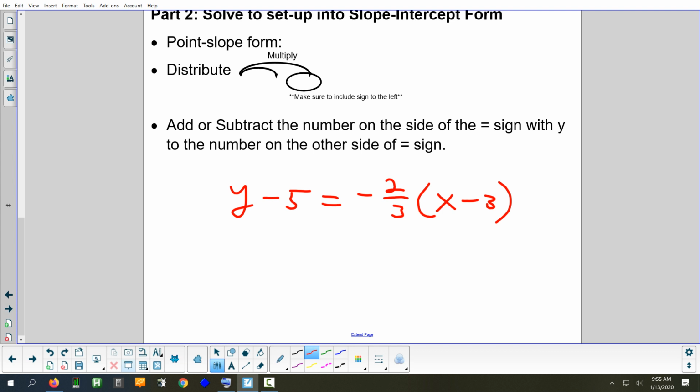Step 1 is to distribute. How about, Princess, what am I going to distribute? Yes, so she did a good job. She included the sign to the left. Okay, that says make sure you include the sign to the left. So let's distribute negative 2/3 to each of those.